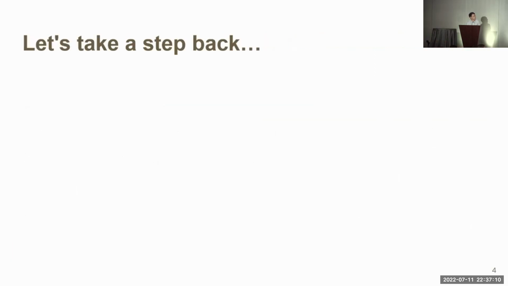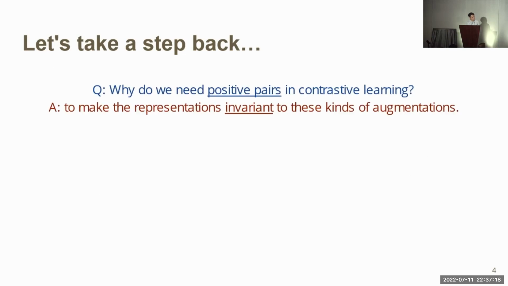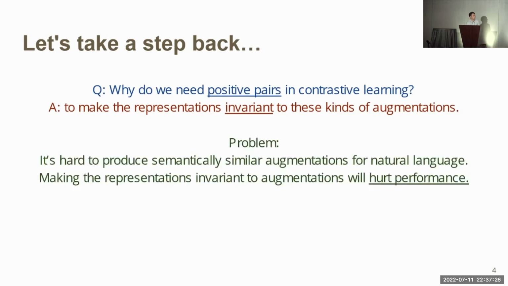Okay, now let's take a step back to think about why we need these augmentations. It's because we want to make the representations invariant to these kinds of augmentations. But the problem is that the quality of the augmentations is not very good. So an ideal representation should not be invariant to the augmentations.